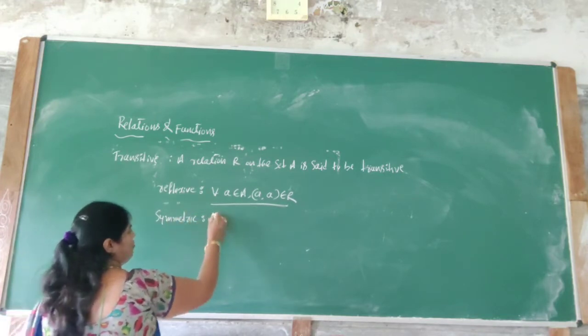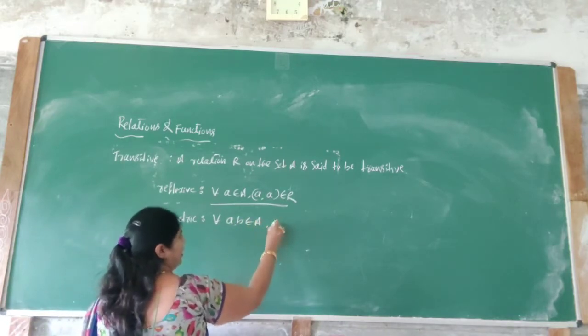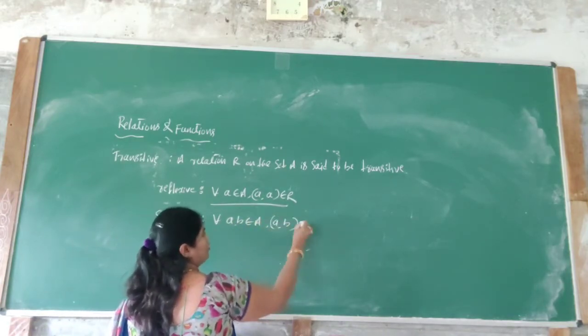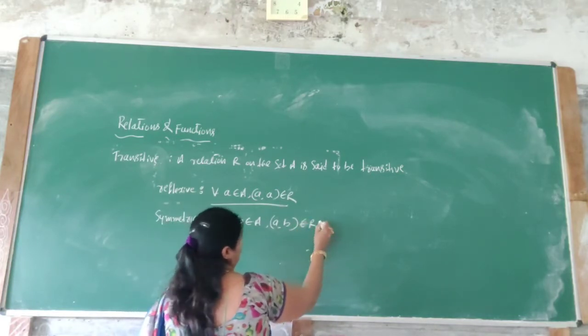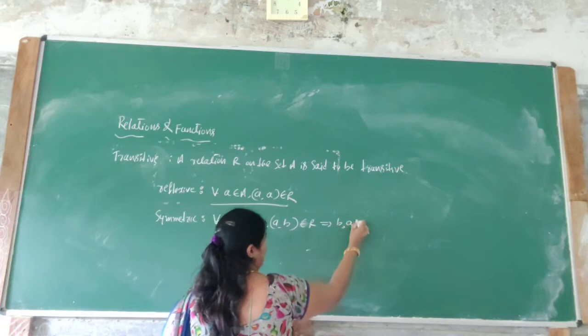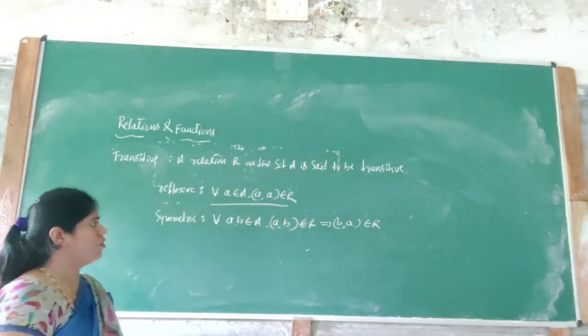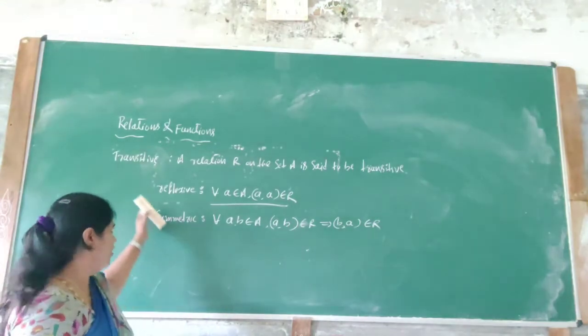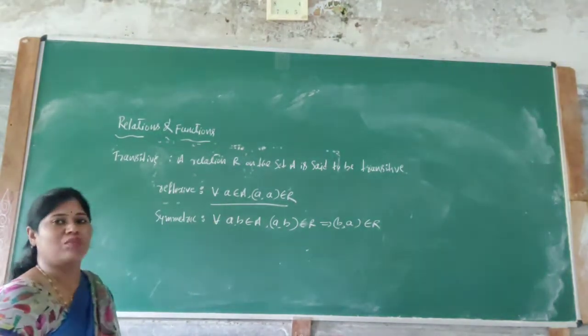What is symmetry? For all a, b belongs to A, (a, b) belongs to R implies (b, a) also belongs to R. This is also very, very important. Students, put it in a box, then recall it whenever you get free time.